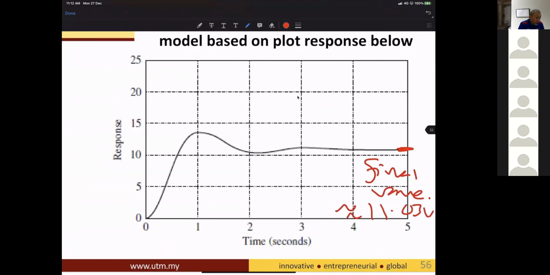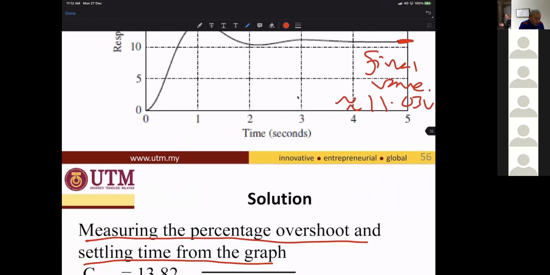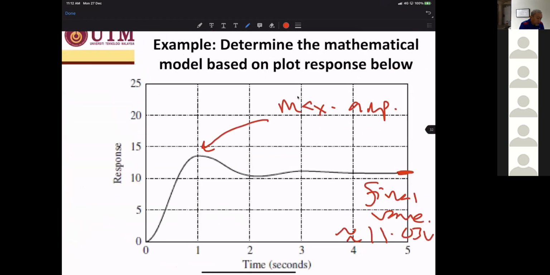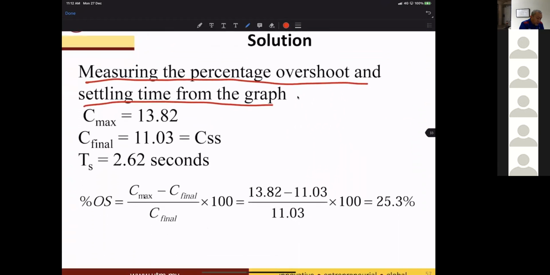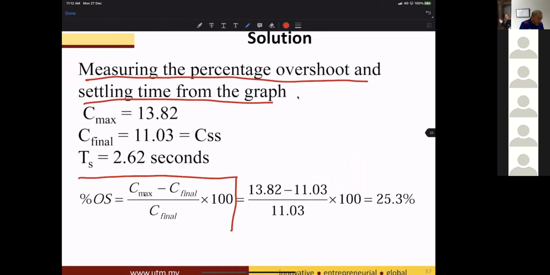Then you have to find the maximum amplitude. The maximum amplitude is about 13.82. From here, you can find the overshoot, which is equal to maximum amplitude minus final value, divided by final value.